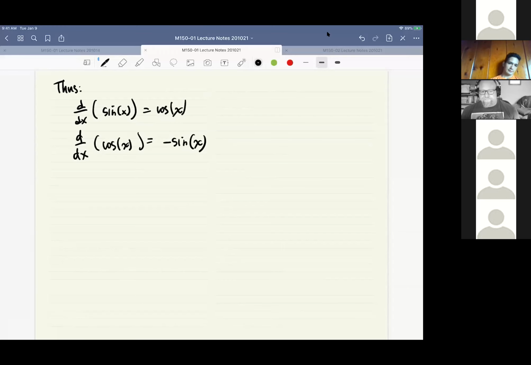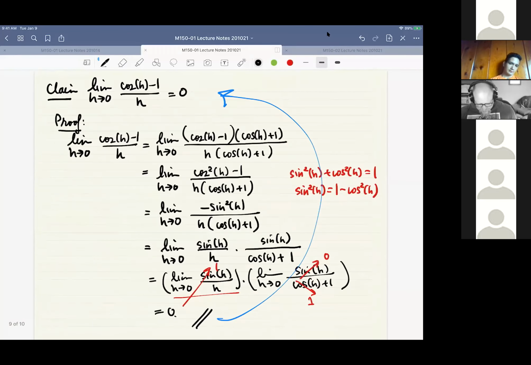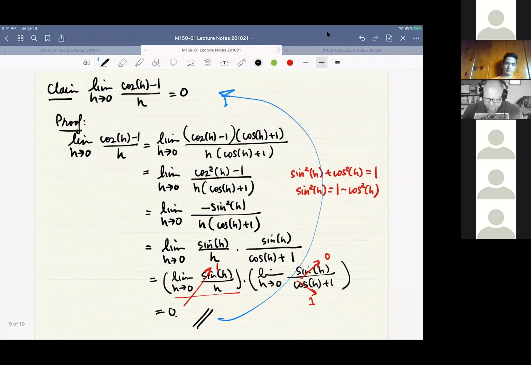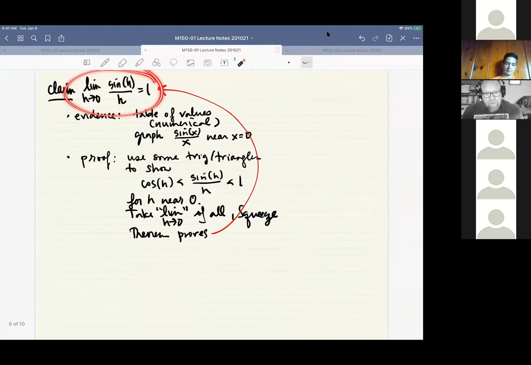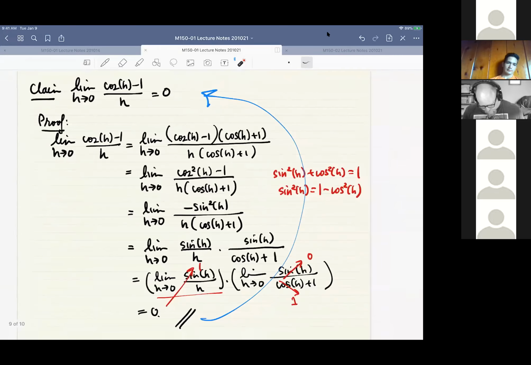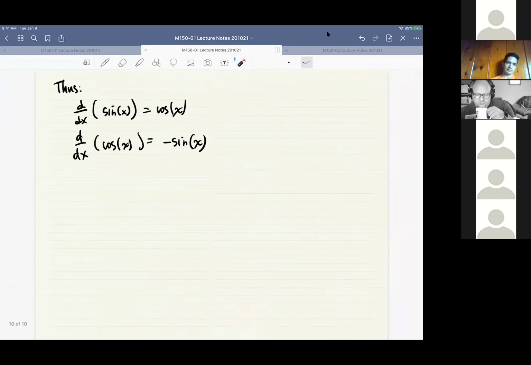Yeah, so these are formulas you need to memorize. You don't need to memorize the proof that I showed you. The only thing that's kind of cool that might be worth remembering is this limit statement and this limit statement. But beyond that, don't worry about the proofs. Also remember that these formulas are not obvious. It's not obvious that this is true.